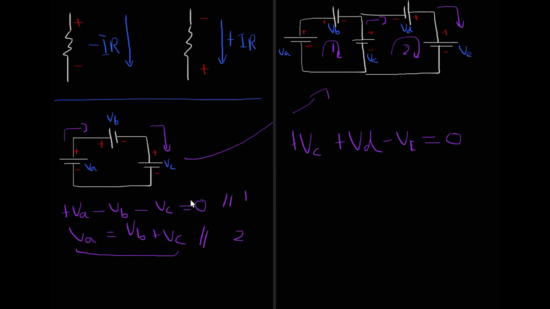So it's always 0 if you're using Kirchhoff's voltage law. Here we have the same circuit, but this time we have 2 different loops, so we're going to have 2 different laws. So this is the first law, and this is the second law from this equation right here, and here is from here. So we have 2 laws, and we use Kirchhoff's voltage law.